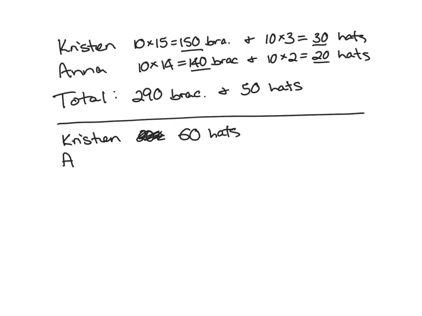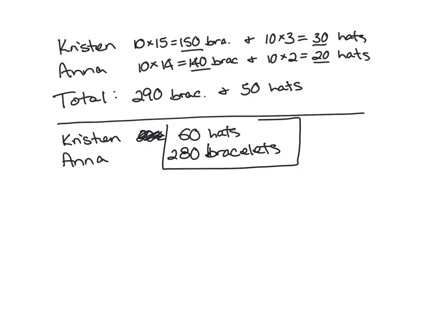All right, Anna then has the comparative advantage in bracelets, 280. So she will specialize and spend all her time making bracelets. Okay, so this will be the total production of hats and bracelets if they both specialize in their comparative advantage.